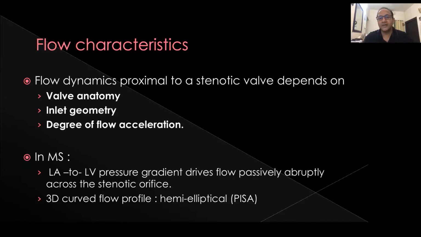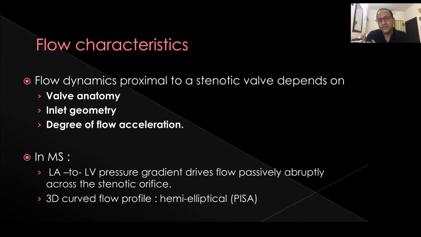There is a gradient between the left atrium and the left ventricle, which is one of the parameters through which we look at the severity of the mitral stenosis. And you're looking at the mitral valve geometry, the inlet geometry, and the degree of flow acceleration, etc., will be responsible for the flow dynamics which are occurring proximal to the stenotic valve.